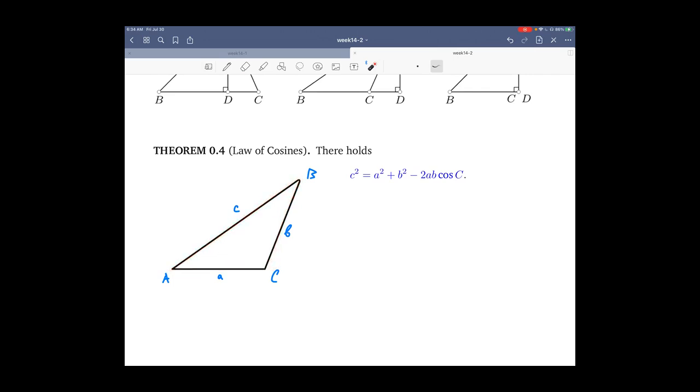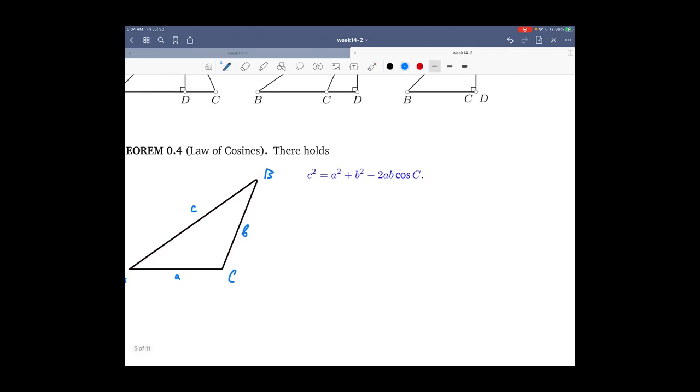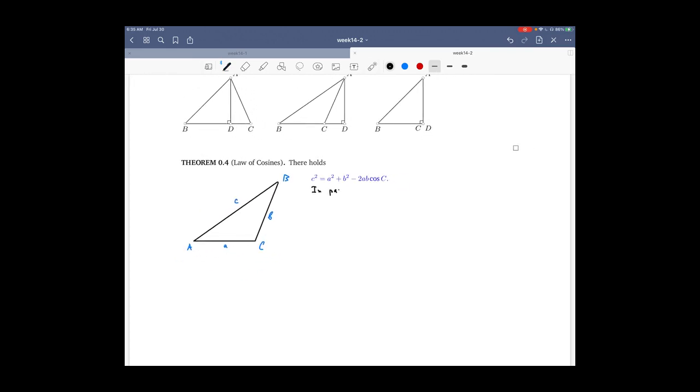You are familiar with one particular case of this theorem. When C is a right angle.